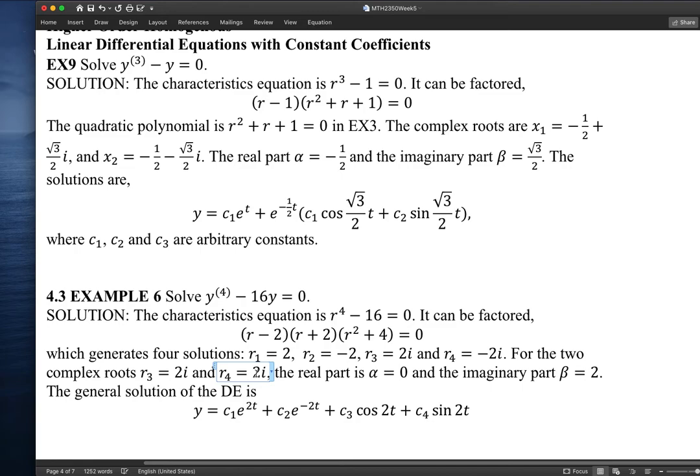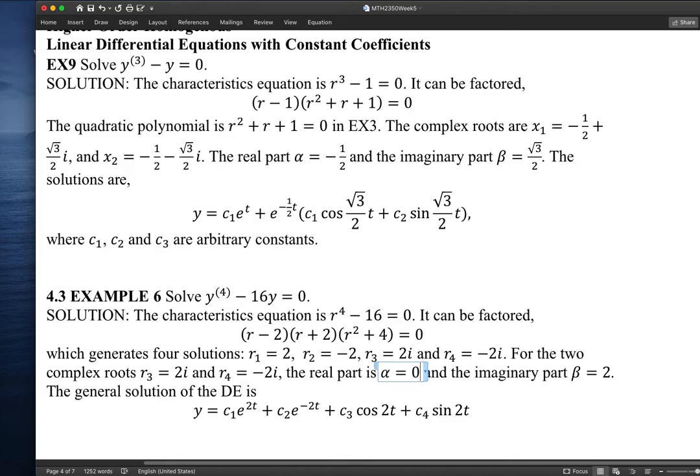And for the complex roots, each has a real part. Hopefully the real part is a lot easier to identify, or maybe there's no real part. So the real part is 0. And for the imaginary part, remember, you could take 2 or negative 2, but in general, to find the solution of the differential equation, you only need to take the imaginary part as positive.